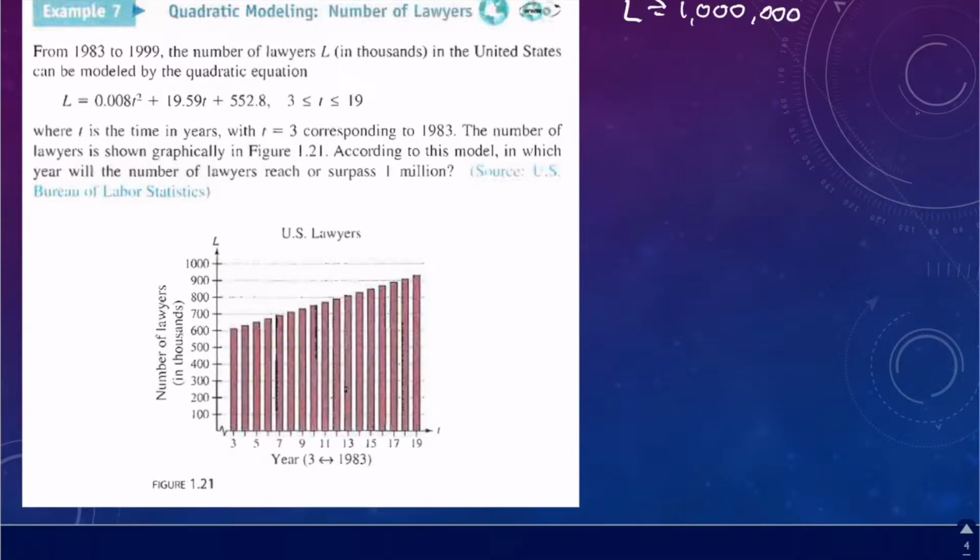So since we're talking about a million lawyers and this model represents things in thousands, we're actually interested in when does this model equal 1,000.